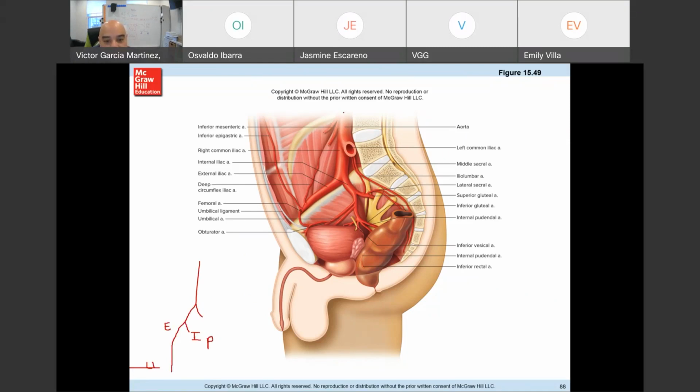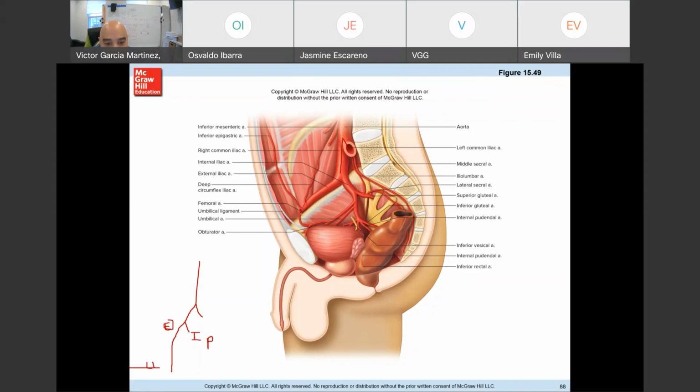Then again, you have the aorta, abdominal aorta. You have the division to the right side and the left side. This is the right side, this is the left side. This is the common iliac artery. And finally, you're going to have another division here into external iliac and internal iliac. This is the external.